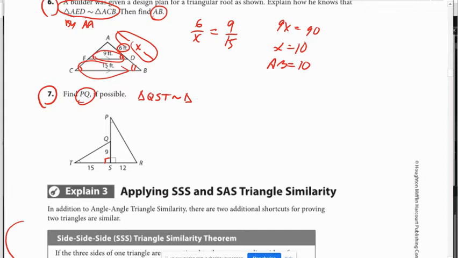This would be R, then the right angle S, and then the marked angle T. Okay, so those triangles are similar by AA. I'm going to tip this triangle TSQ up so that we can tell what matches up.